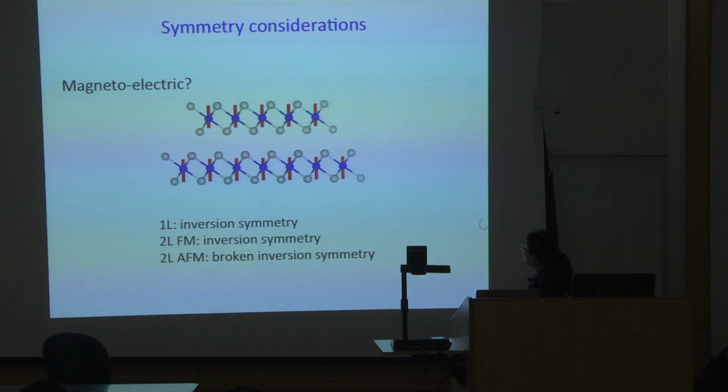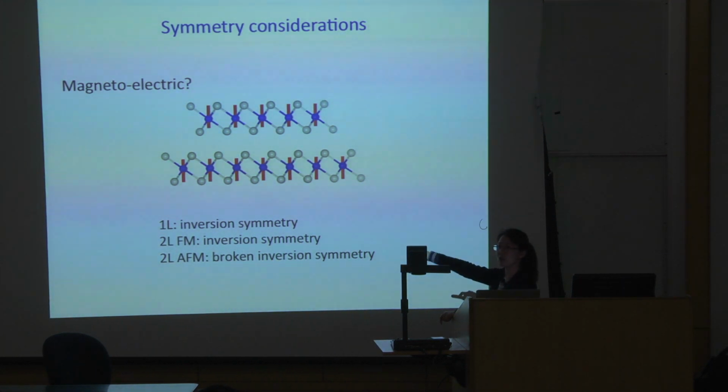Okay, so let's take a look at the symmetry, see whether this makes any sense. Okay, so I'm showing 2 layers of chromium iodide, and I took away the arrow for the spin. Let's now look at the structure first. So if you look at the monolayer structure, you can clearly find the inversion center here, right?